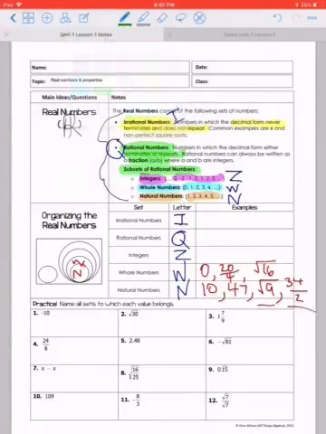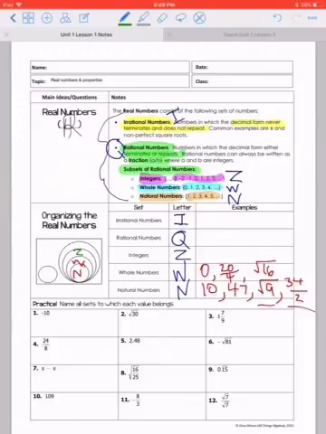Alright, let me change my color here. Okay, integers. So those are given as Z. I'm not totally sure why, but probably because I is already taken with your irrational. But those are Z, and those are no decimals, but positive, negative, and 0 are all integers. Okay?